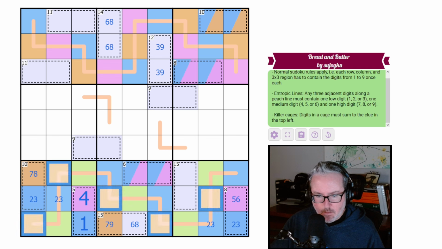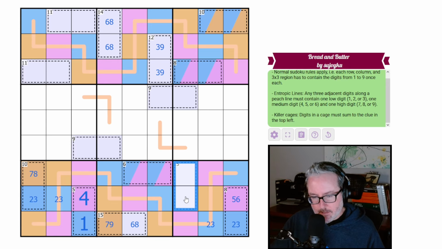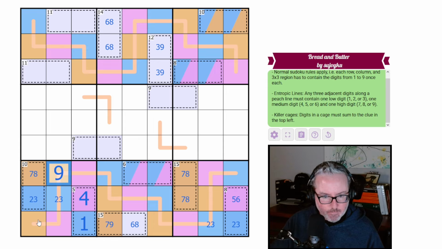Yeah, yellow is high, green is mid. Okay. Now we can say this is high, high, which means it is 8, 7. That's a 7, 8, which means this is a 9. You're 7 or 8, which means you're 9.